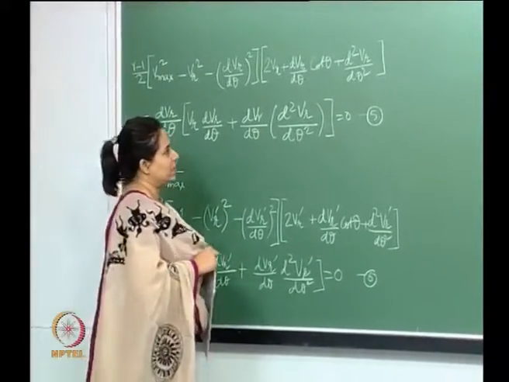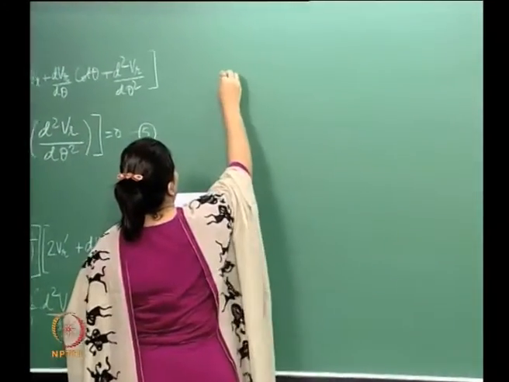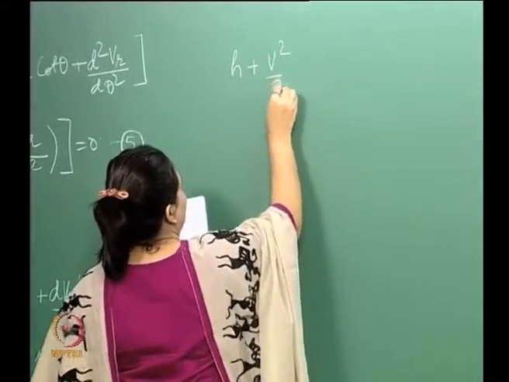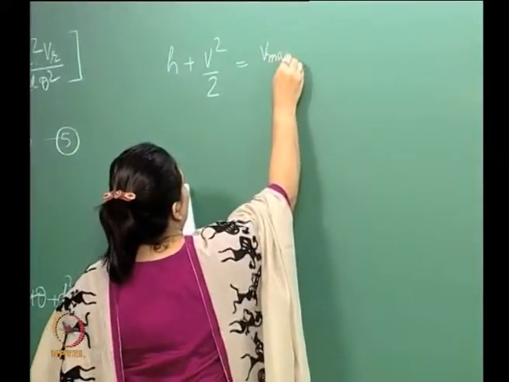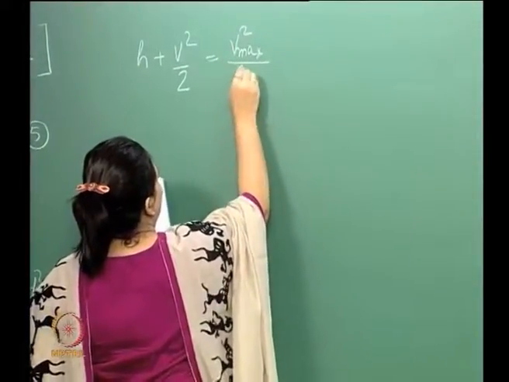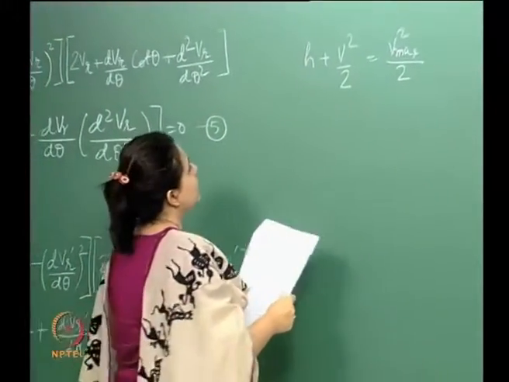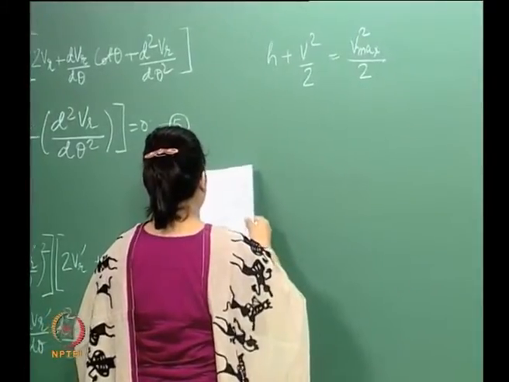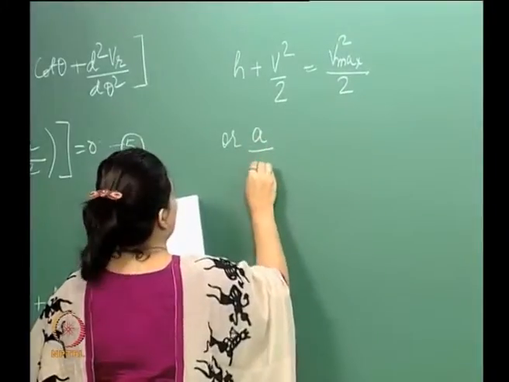Now, let us also look at what we did last time, when we introduced V max. Enthalpy is constant, right? So we can write this, and this also I can introduce.